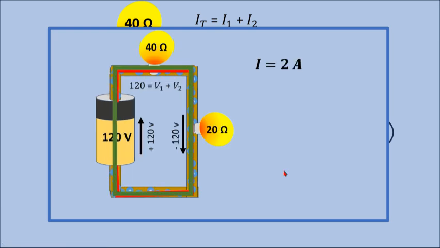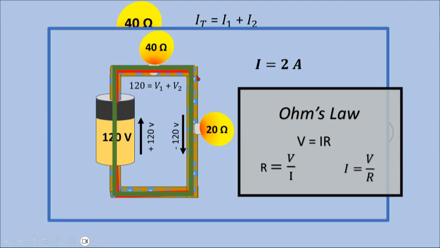So where is the 2 amps? The 2 amps is going to go through this circuit, all right? And this allows us to figure out some stuff because voltage is equal to current times resistance. And now we have a current.